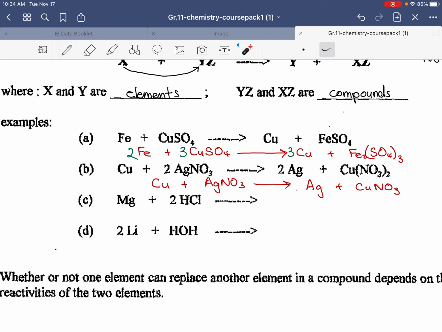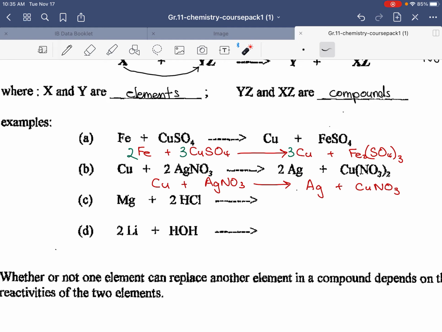All right. After getting these out of the way, let's do C and D, because this time I did not give you the answer, so I'm banking on the fact that you can figure it out, right? Now, magnesium reacting with hydrogen chloride. Well, magnesium is going to displace a metal. But, oh no, there is no metal here. Hydrogen is not a metal. Chlorine is not a metal. So who is he going to displace? Well, the logical answer here is that he's going to displace hydrogen. Okay, even though hydrogen is not a metal, hydrogen acts like a metal.